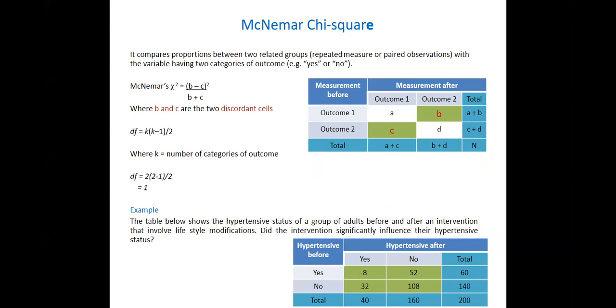When they say two related groups, it doesn't mean maybe husband and wife. Now, I've already said many times that group in statistics does not mean individuals or group of subjects per se. It may be a group of subjects, but not necessarily. It's actually a group of data sets.